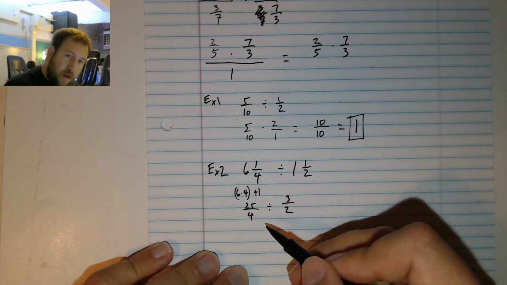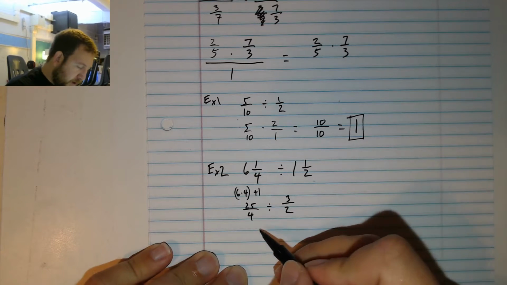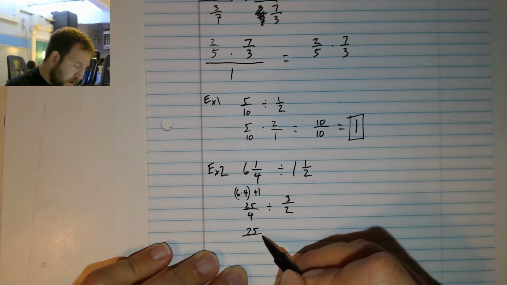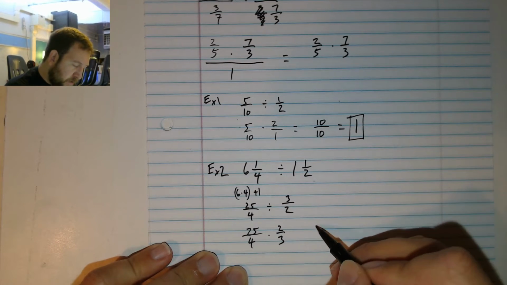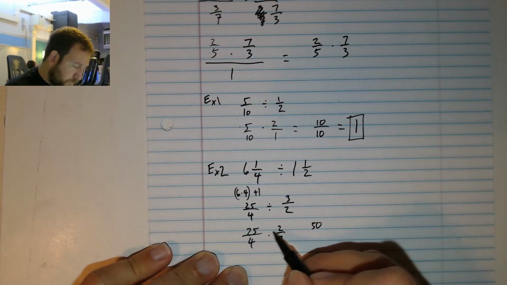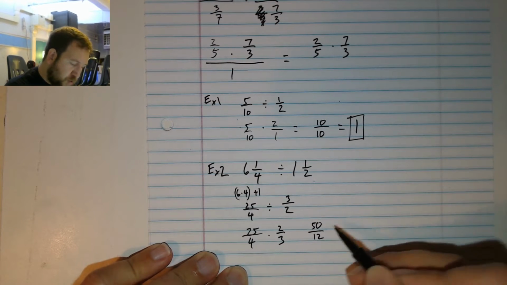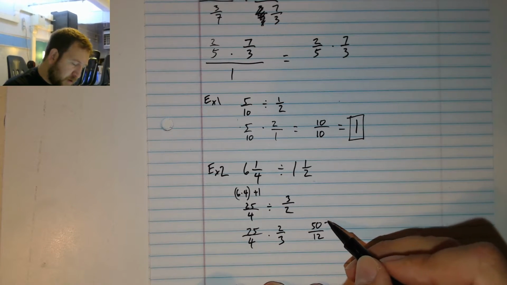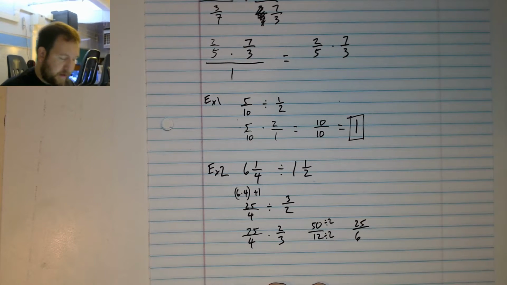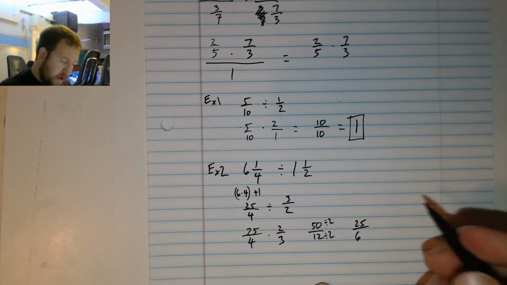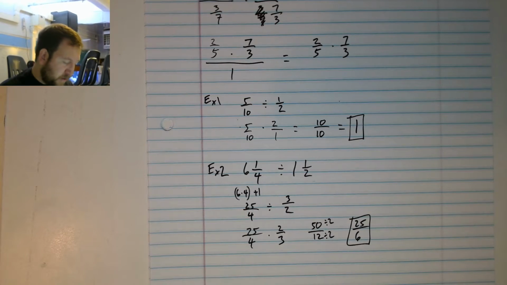Now I'm going to reciprocal and multiply, so I really have 25/4 times 2/3. So it looks like I have 50. 4 times 3 is 12. All right, I can divide both by 2. So I have 25/6. And it looks like that is going to be simplified as far as I can go.